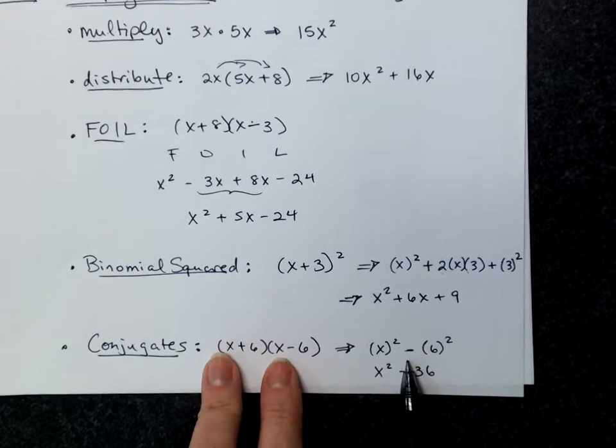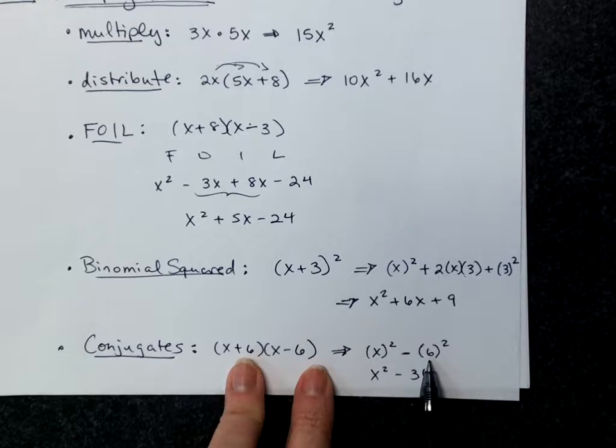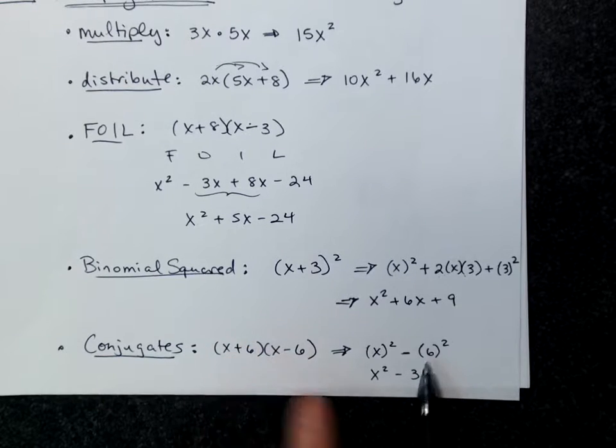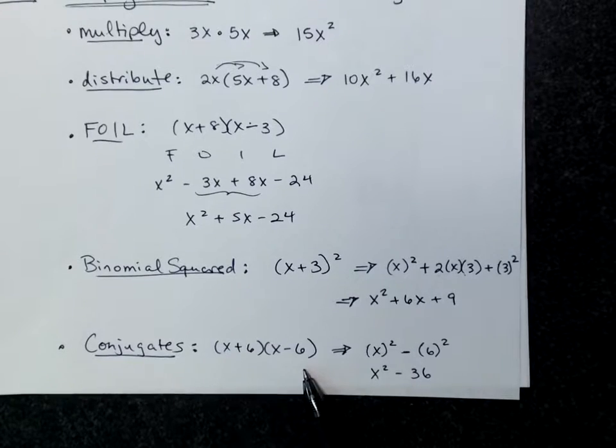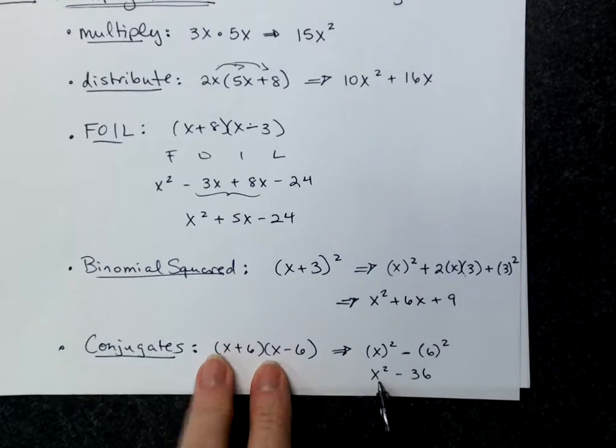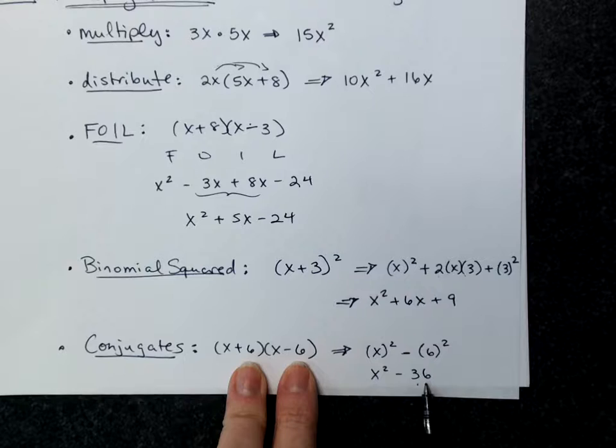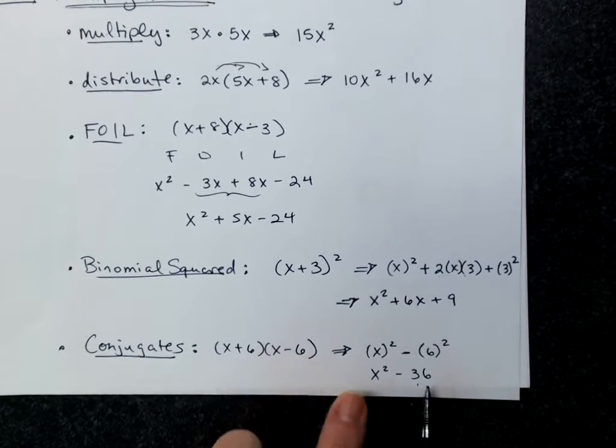So this would be x squared minus 6 squared, because your O and your I canceled out automatically. If you write it out with FOIL, you'll see the middle terms cancel out. So I take my first term squared minus my last term squared. That's it, difference of squares. With radicals, you write out this in-between step, and you'll start to see how it just follows the same pattern.